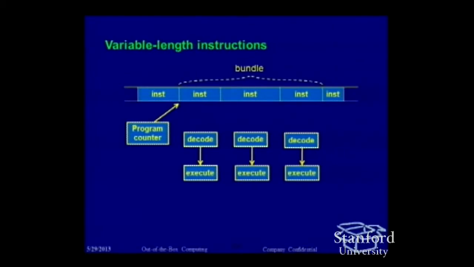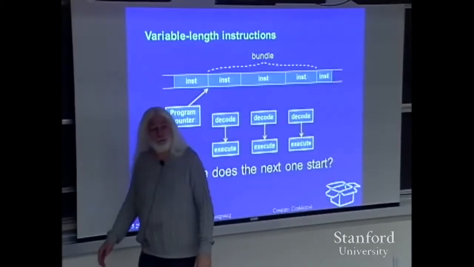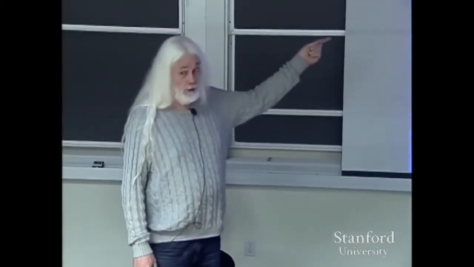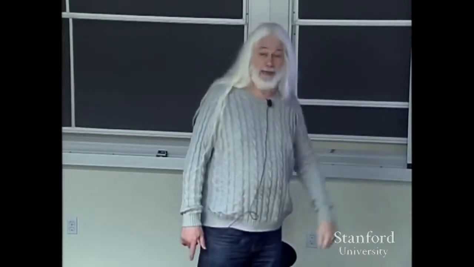If you go for variable length instructions, you start having an issue. Where does the next bundle start? How many bytes this bundle is varies from cycle to cycle. And if we're going to get the next one in the following cycle, we need to be able to find the end of it.